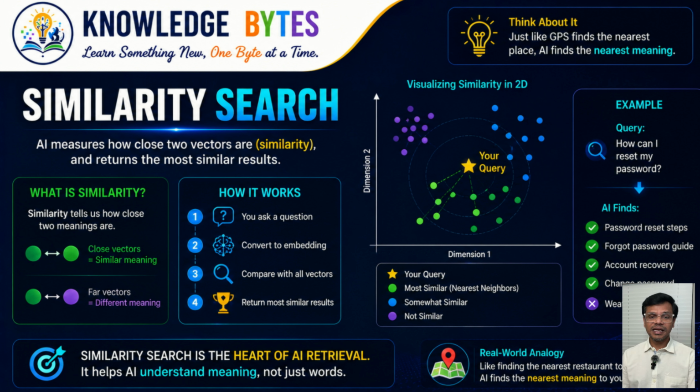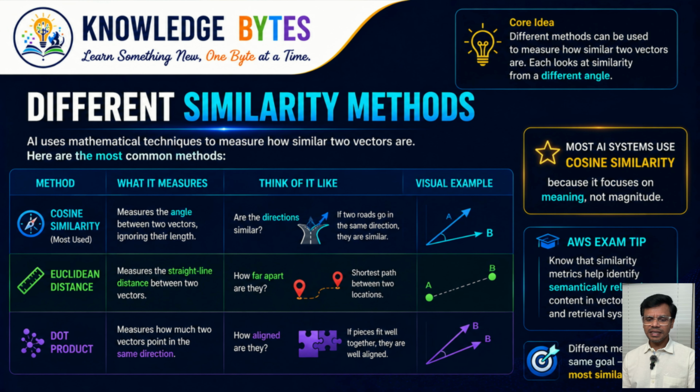Similarity search is really the heart of modern AI retrieval. Let's understand the different similarity methods. There are several ways for AI to measure similarity, so let's keep it simple. The first method is cosine similarity. It compares the direction of two vectors rather than their length. This is the most commonly used method because it focuses on meaning.